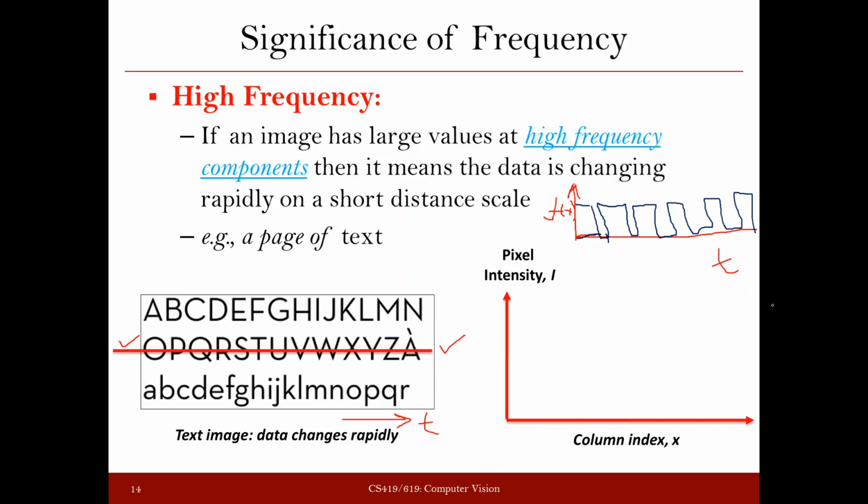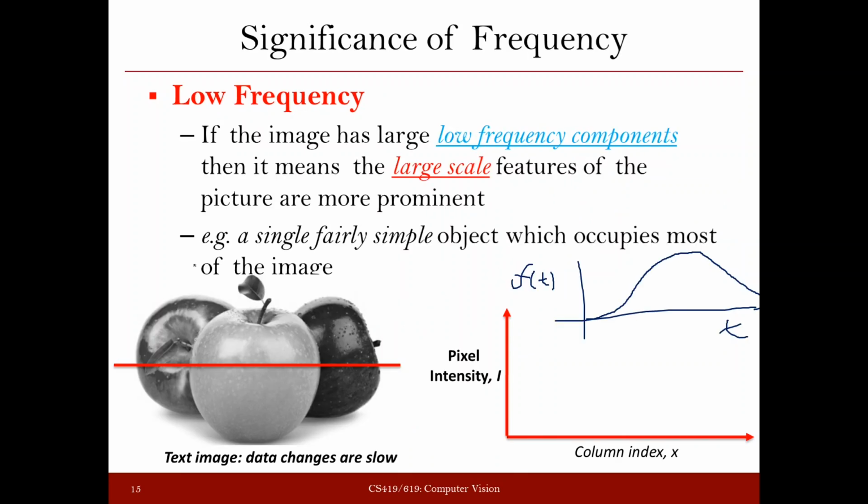In your images, if you find that the content of your image has high variance, it is varying fast when you move along a row or a column, then when you go to the frequency domain, that particular image will be represented using high frequencies. When you have an image where the features are slow varying, in the frequency domain you will find that the image is represented using low frequencies.